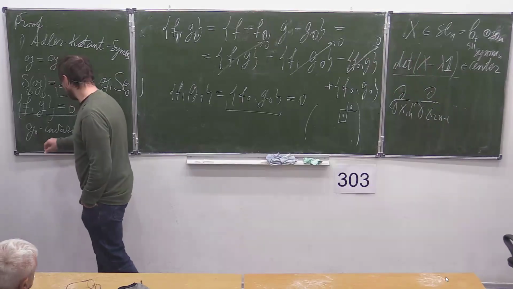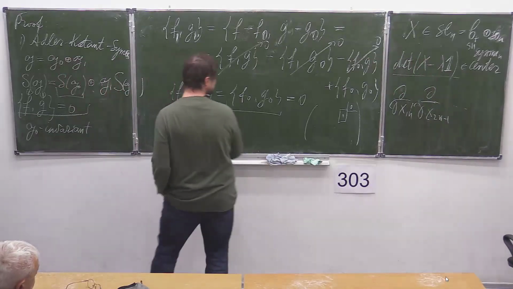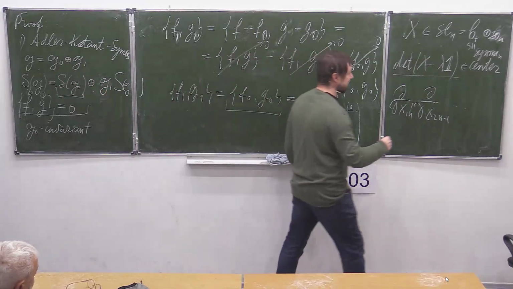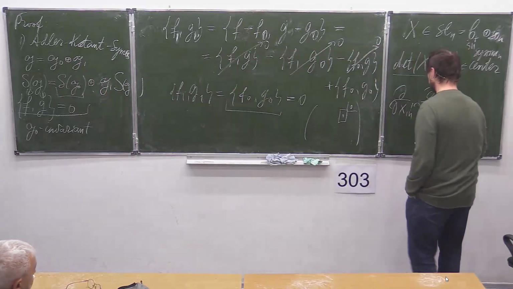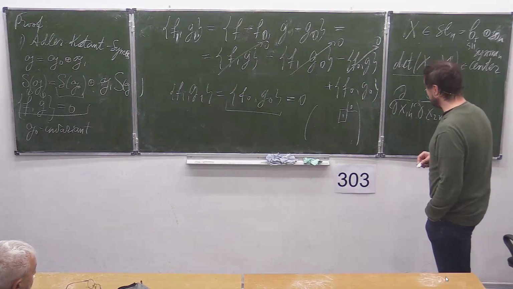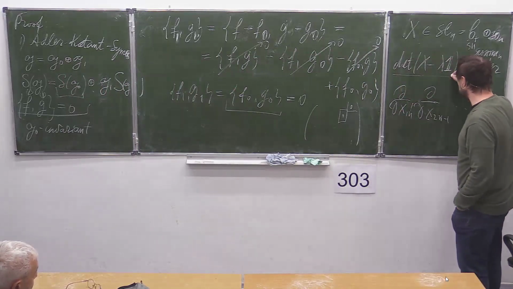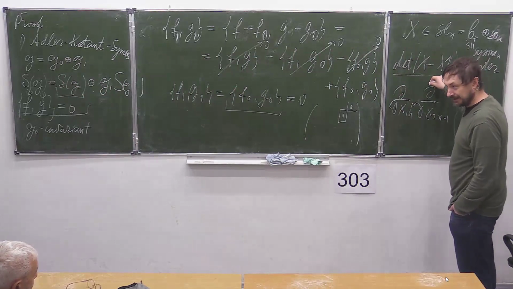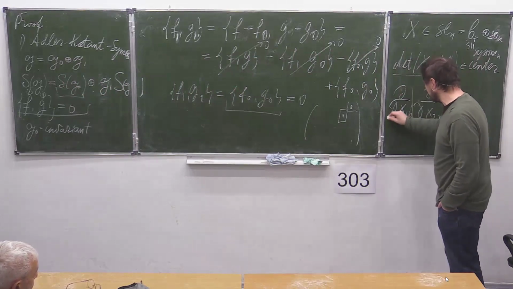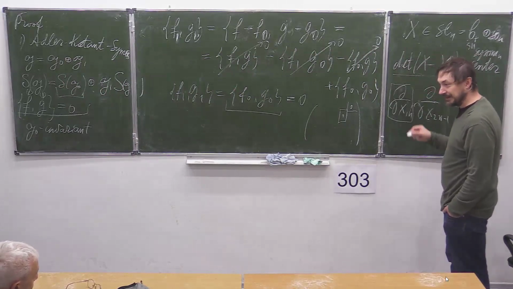Now, as for the B plus invariance, they are not invariant, but they're semi-invariant. It follows from the fact that the coefficients are invariant, but these differential operators are not invariants, they are semi-invariants.